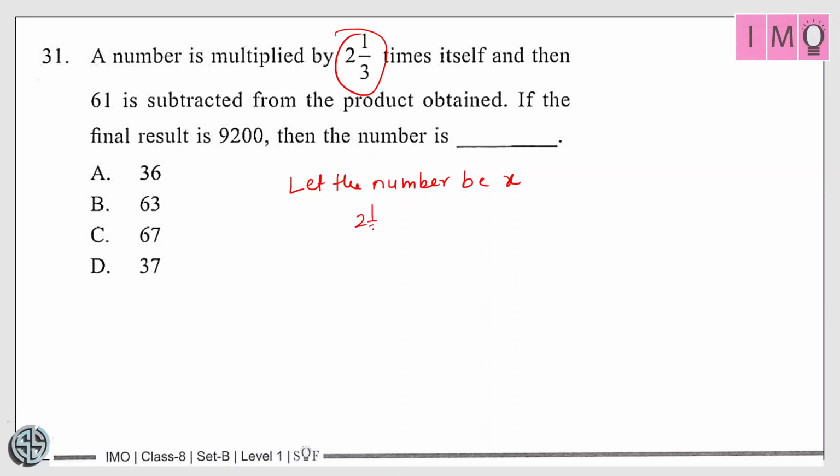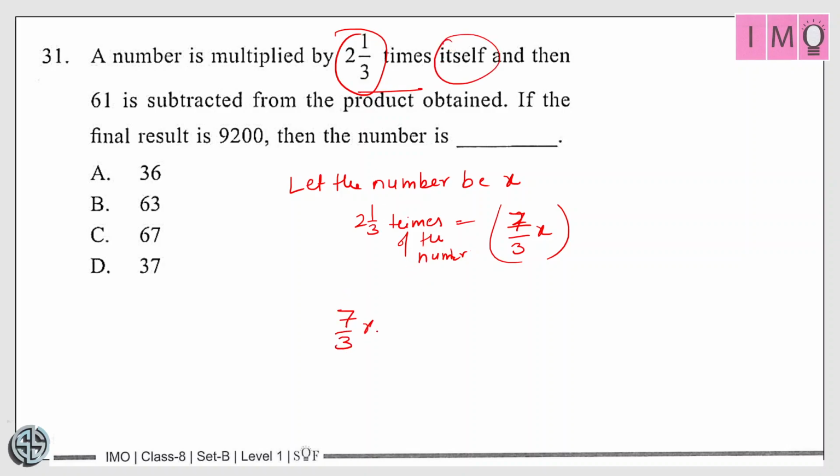So 2 whole 1 upon 3 times the number will be 2 3s are 6, 1, 7 upon 3x. Okay, this is 7x upon 3. Now it is written the number is multiplied by itself. Okay, by itself you have to multiply.